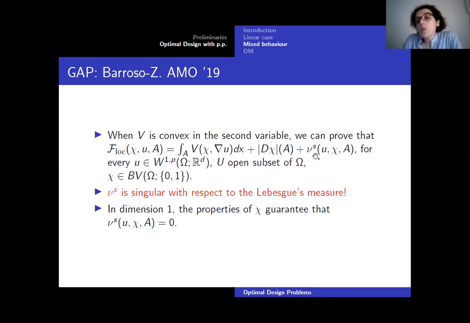The point was that for this singular measure, in general we are unable to say if it might concentrate in the set where chi concentrates. This is just singular with respect to the Lebesgue measure. So this was not really satisfying for us.